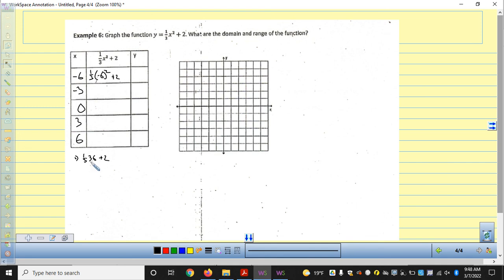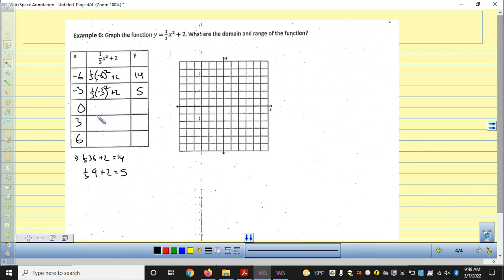Well, 36 divided by 3 is 12, plus 2 is 14. Plug in -3. 1/3 of -3 squared plus 2. 1/3 of 9 plus 2. 9 divided by 3 is 3, plus 2 is 5.